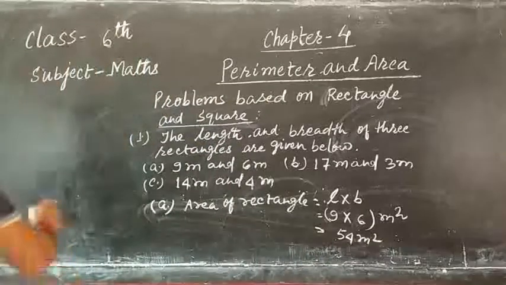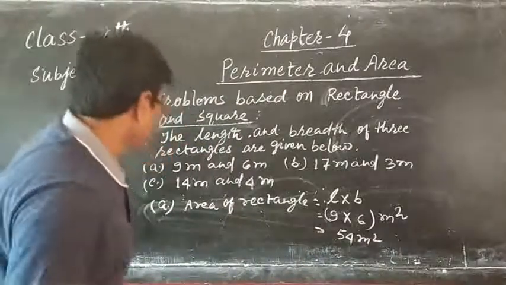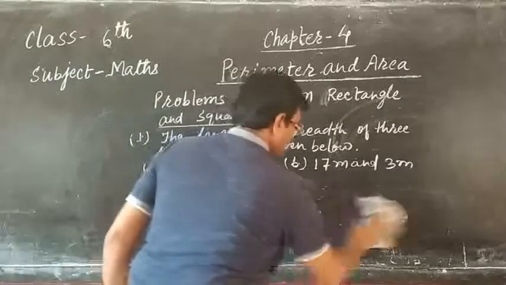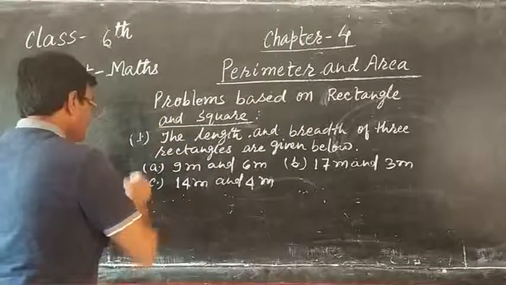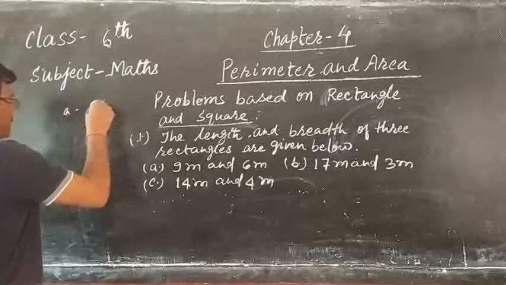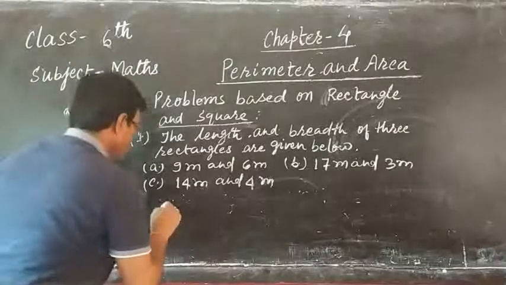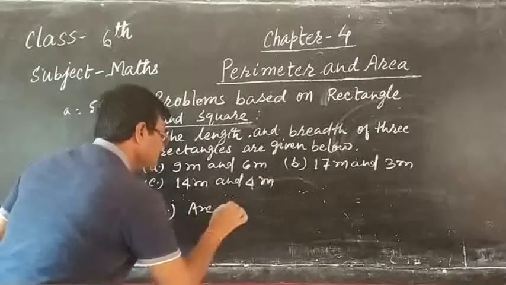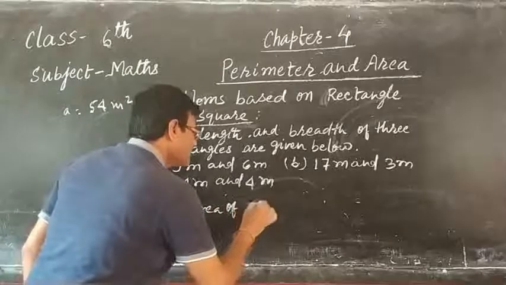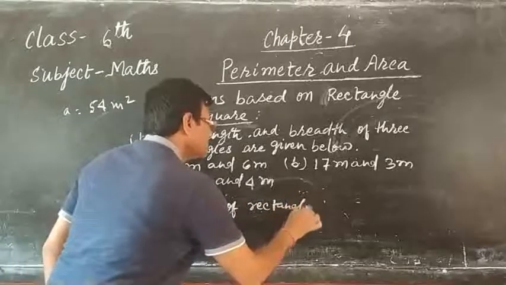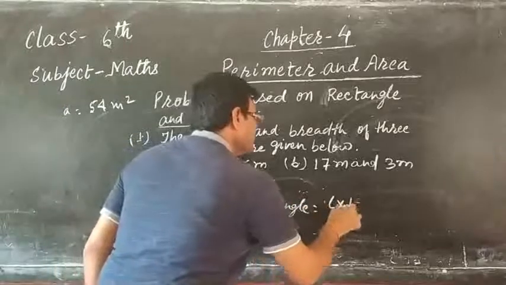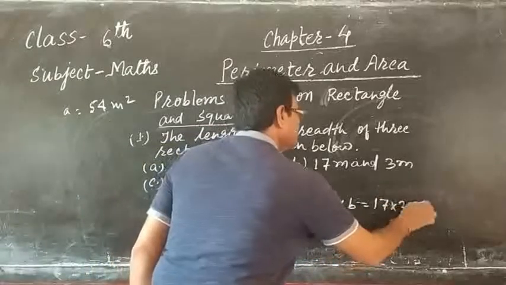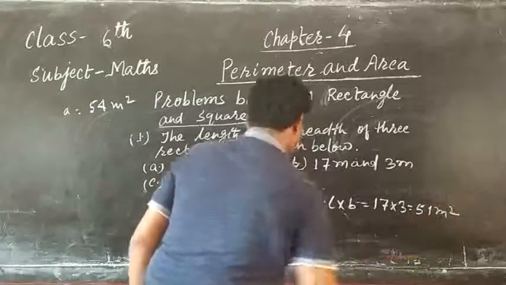Now second question. First is 54 meter square. Now second, 17 and 3, area of rectangle is equal to length into breadth, 17 into 3 is equal to 51 meter square.